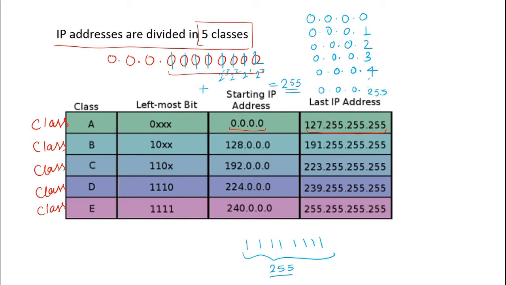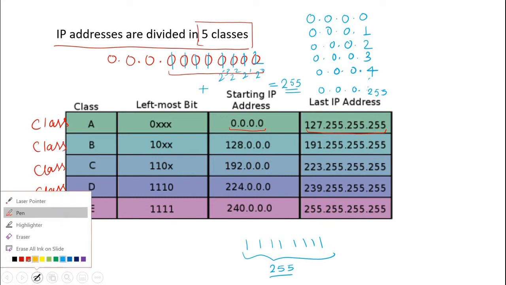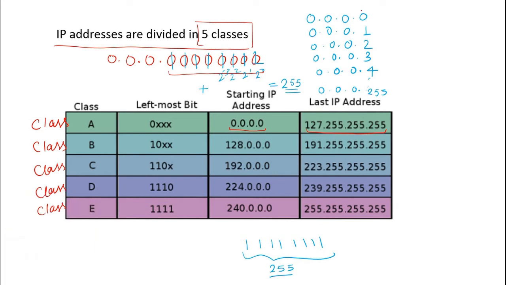Once this last octet is filled, what will happen for the next IP? It will try to fill the third octet. The fourth octet is full, so it will start again from 0, 1, 2, 3, 4, 5, 6, 7, 8, 9, 10 and continue up to 255. Now it will start filling the third octet. So what will happen now? 0.0.1.0.